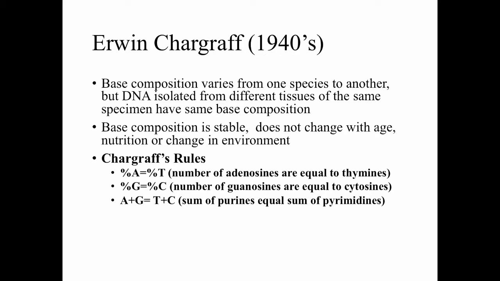So 100% minus 40% equals 60%. So 60% of the DNA has to be G and C. And we know that percent G and C are equal, so G is 30%, and C equals 30%.